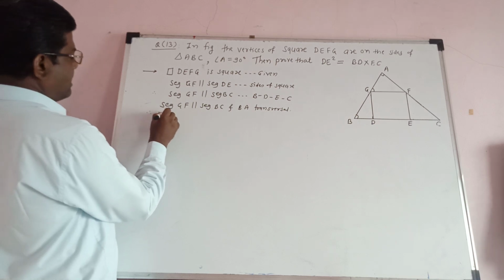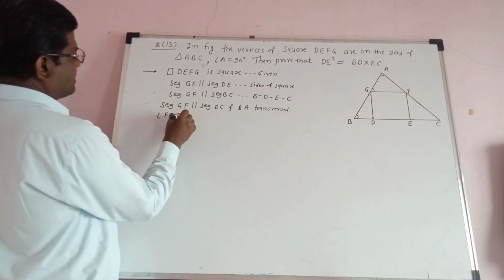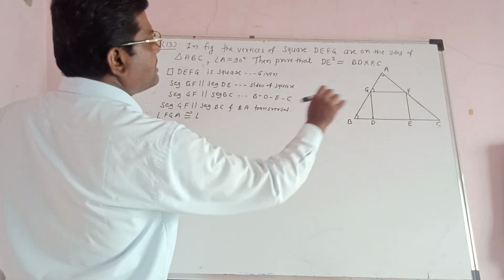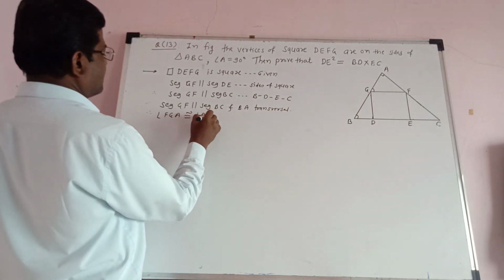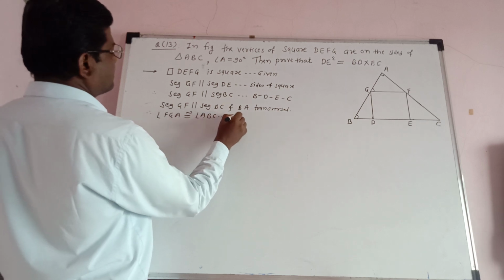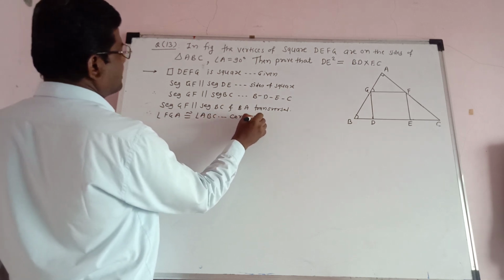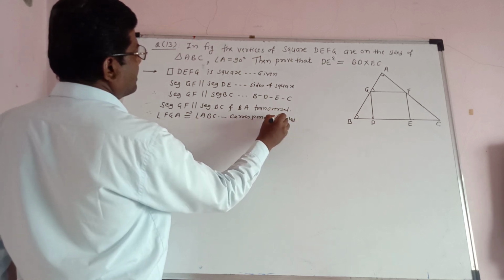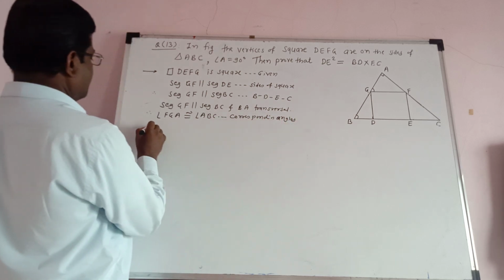Therefore, angle FGA is congruent to angle ABC, reason corresponding angles.